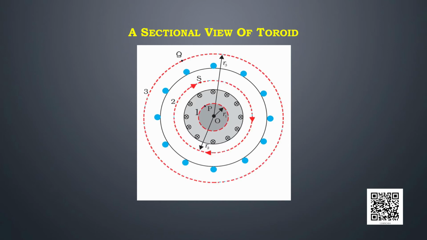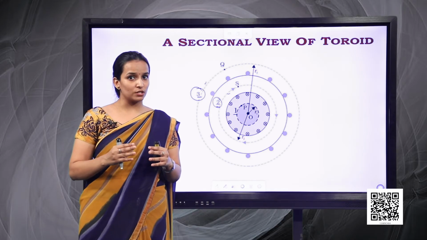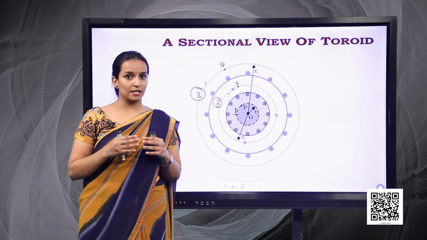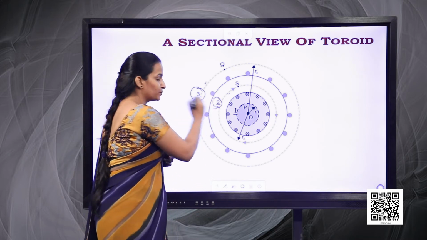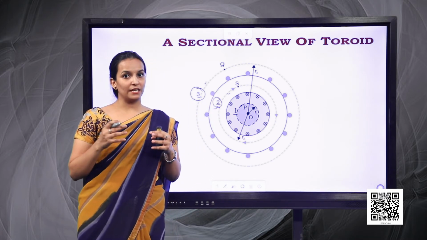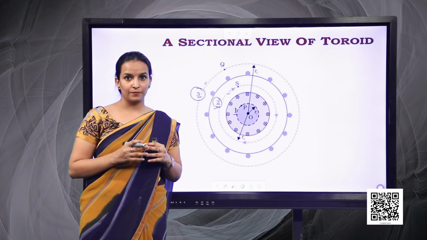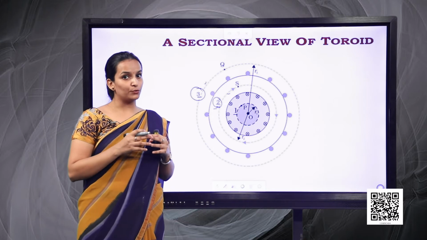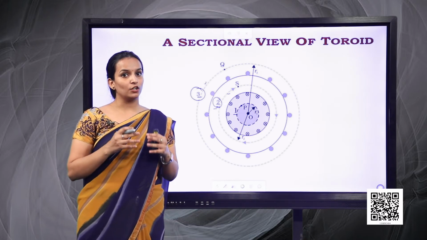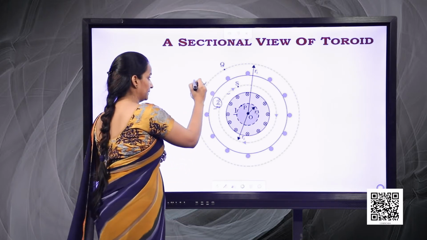It is quite clear from the diagram that the circular areas bounded by loop 2 and loop 3 are cutting the toroid, so that each turn of current carrying wire is cut once by loop 2. That means we will get the net current enclosed in this loop, whereas loop 3 cuts each turn of the wire twice.